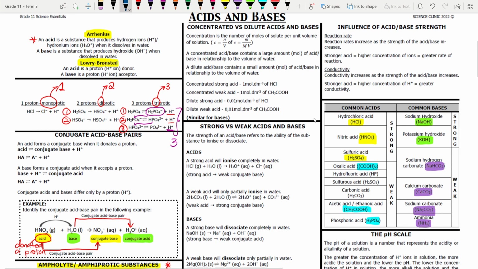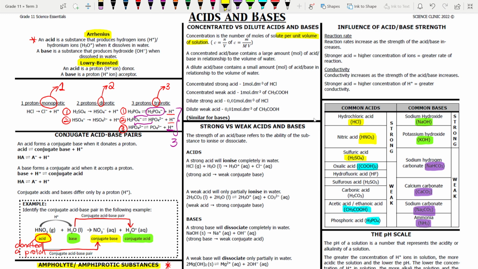So if we look at concentrated and dilute acids and bases, let's see what they say. Concentration is the number of moles of solute per unit volume of solution. We did this in stoichiometry. We also know the equations for concentration, it's those two.